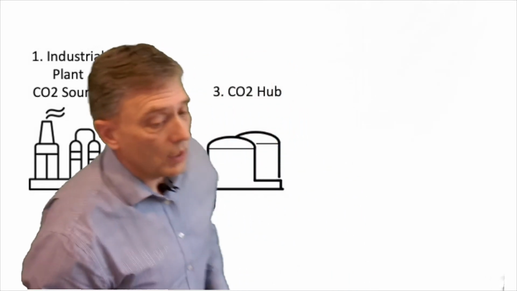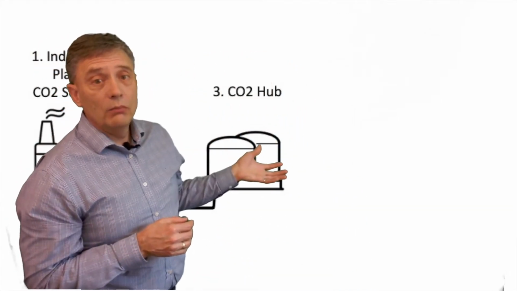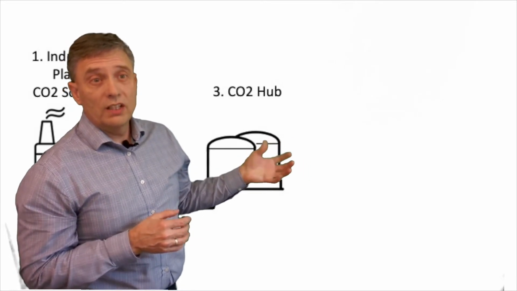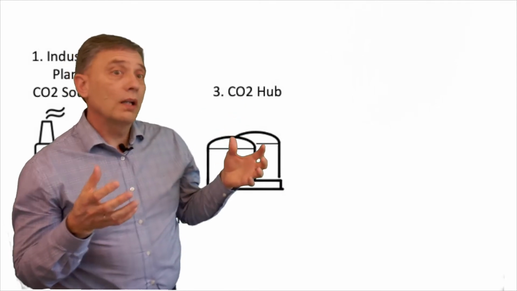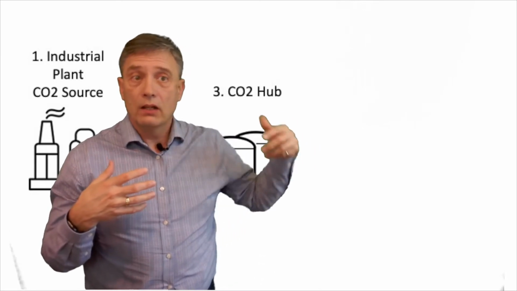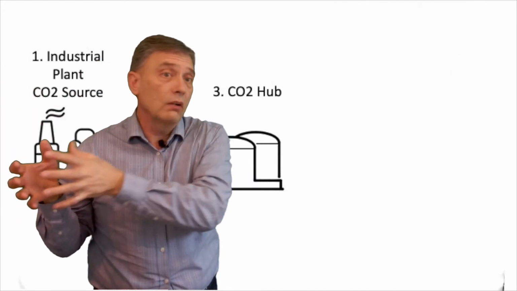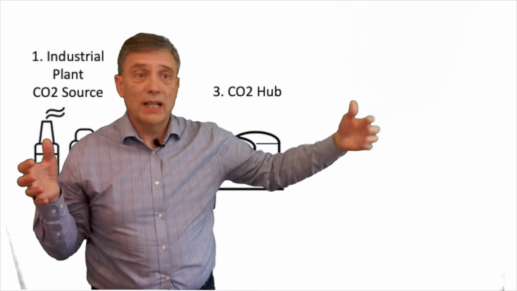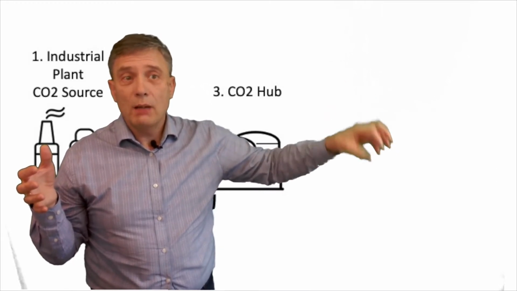Now, if you take a look at how this works from the temporary storage facility and on, this is where it actually resembles a lot of the existing oil and gas processes today. So in the oil and gas gathering and production and processing path, all the way from where it's extracted from the ground to where it gets turned into an oil and gas product like plastics or gasoline or diesel fuel, that happens at the end.